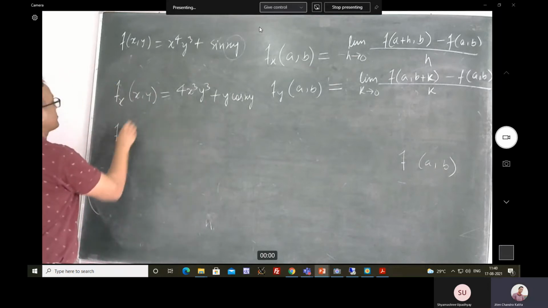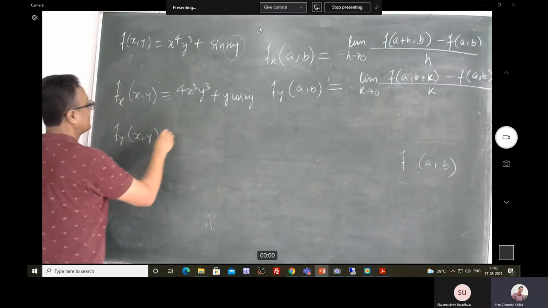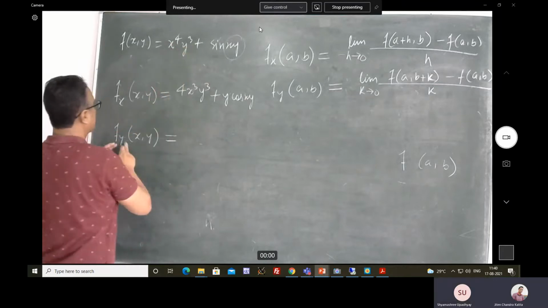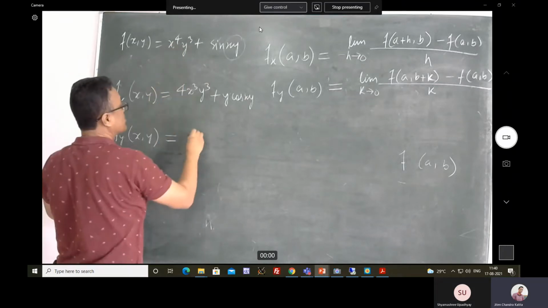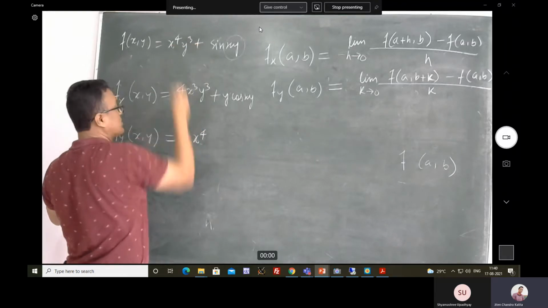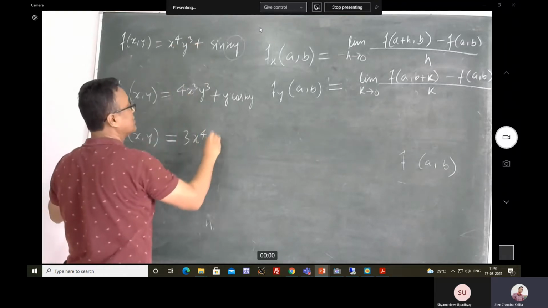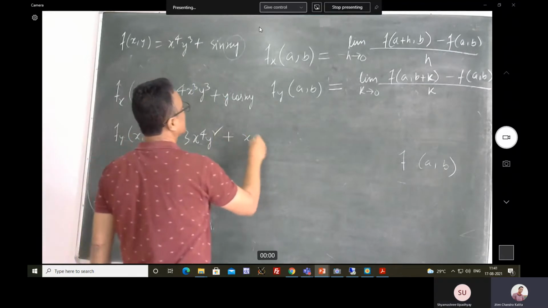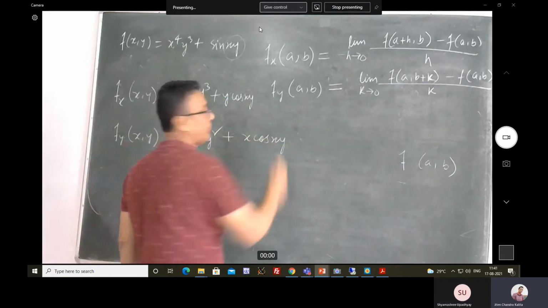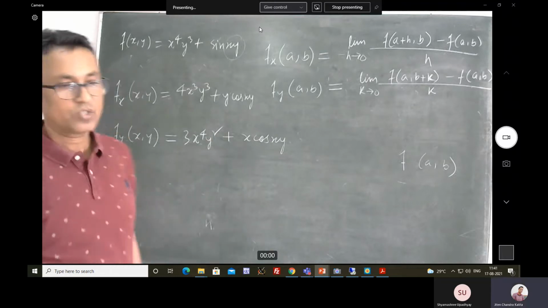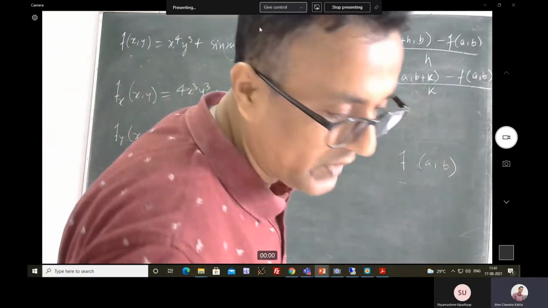Similarly, if I want to find this with respect to y, x is constant, so x to the power 4 is going to be there. The derivative of y cubed is 3y squared, and similarly here. Is it okay? So this is the way we are going to proceed.